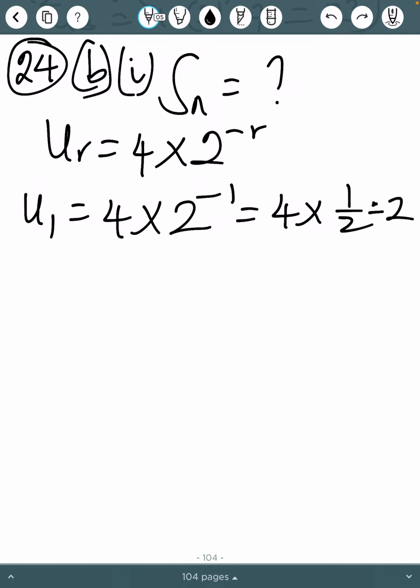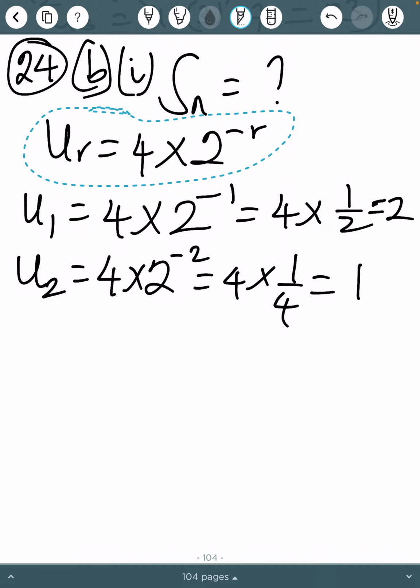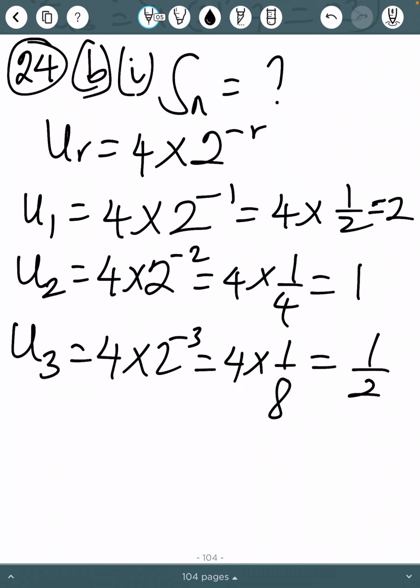Now it means u2, the second term, will be 4 times 2 raised to the power minus 2, which is 4 times 1 over 4, which is what? 1. Since the rth term is ur given by 4 times 2 raised to the power minus r, it means also that the third term will be 4 times 2 raised to the power minus 3, which will be 4 times 1 over 8. 2 raised to the power minus 3 is 1 over 8. That will give us 1 over 2.